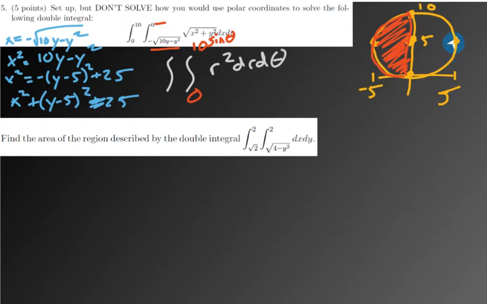Pi over 2 is here, and then pi is here. So this angle is my starting angle, pi over 2, and then we rotate down to this angle, which is pi. So pi over 2 to pi is what you need. If you solved that out, you would get the correct answer for this.